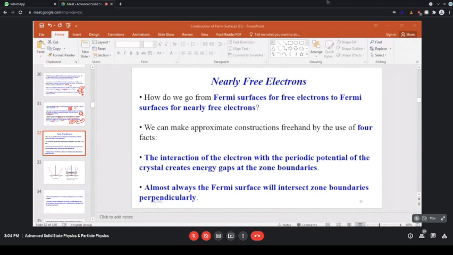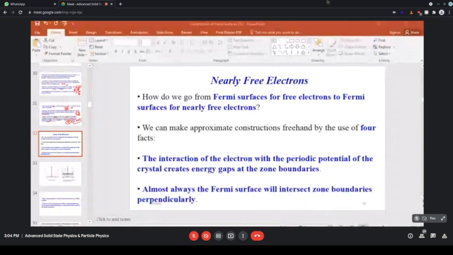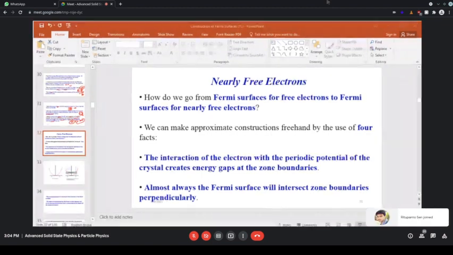Whether you consider free electron or nearly free electron approximation, at the zone boundary, at plus pi by a or minus pi by a, there is a forbidden energy gap between the first allowed energy level and the second allowed energy level, and this is known as the band gap of the material.